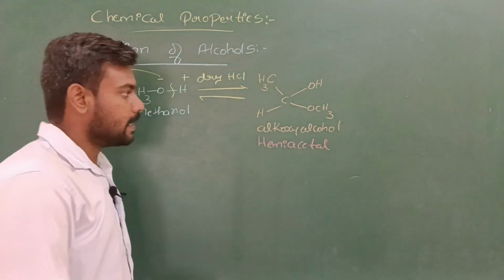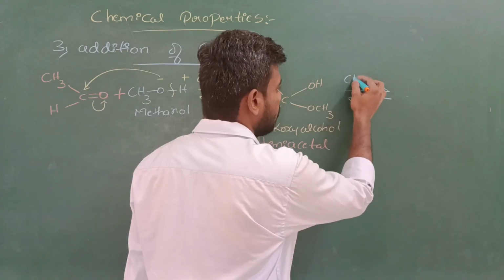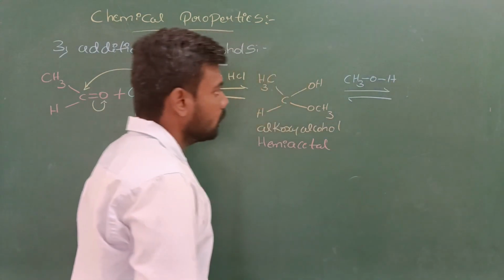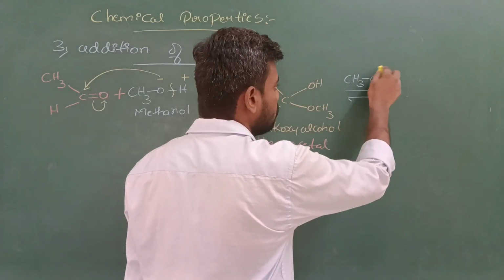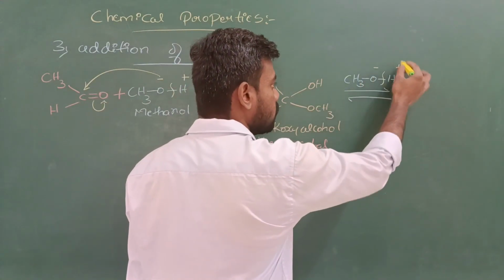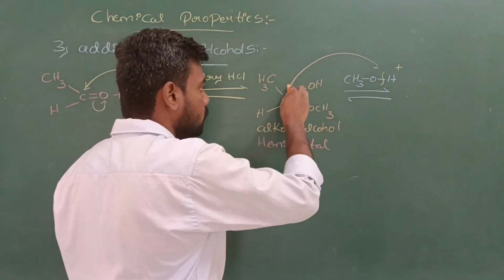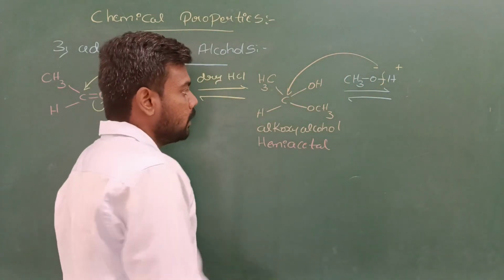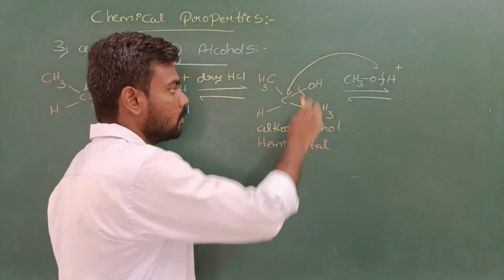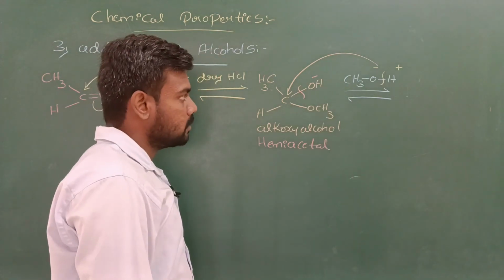This hemiacetal is on reaction with methanol. The bond between the oxygen atom and the hydrogen atom will break. The oxygen atom will carry negative charge and the hydrogen atom will carry positive charge. The methoxide ion attacks the electropositive carbon atom and the bond between the carbon atom and the hydroxyl will break and the OH will carry negative charge.